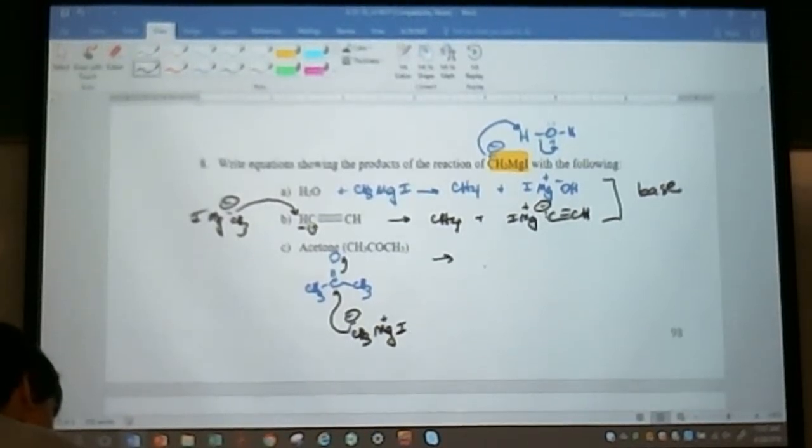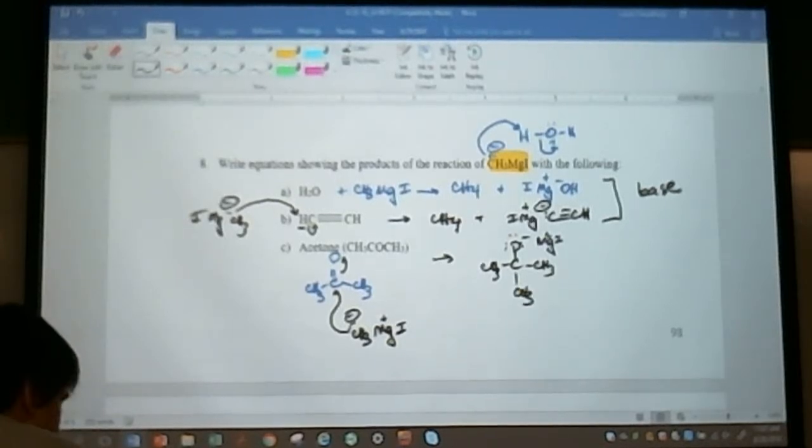Right. And unless I put it in water, you're just going to form this for now. Right, the oxide ion, and eventually when we hydrolyze that, then we end up with an alcohol.